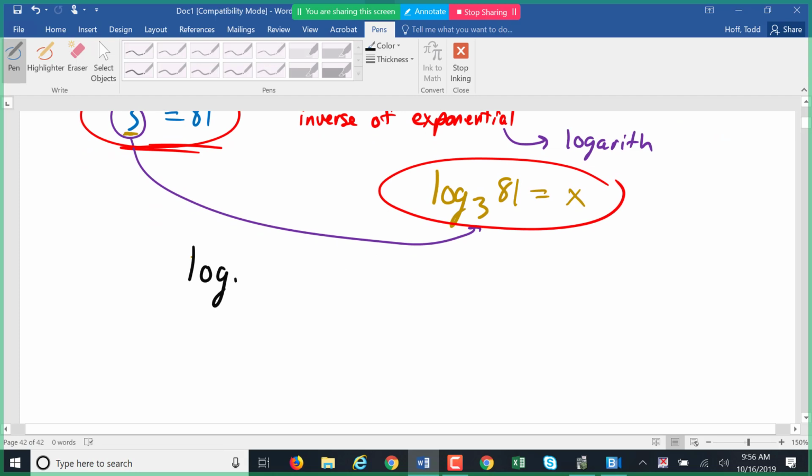So if we have log base b of x equals y, that is saying b to the power of y equals x.